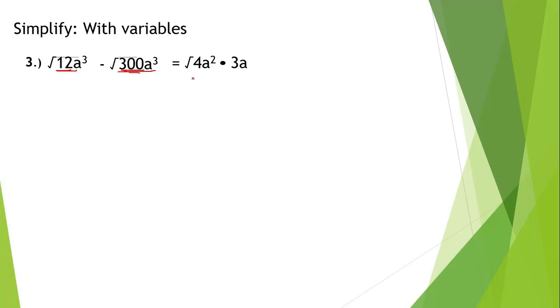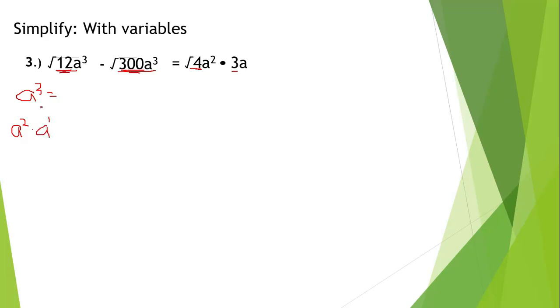The next thing we have to do here is take the square root. The factor of 12 is 4 times 3, and 4 times 3 equals 12. Then find the factor of a raised to 3. The factor of a raised to 3 equals a squared times a.